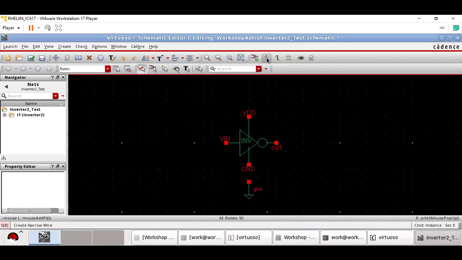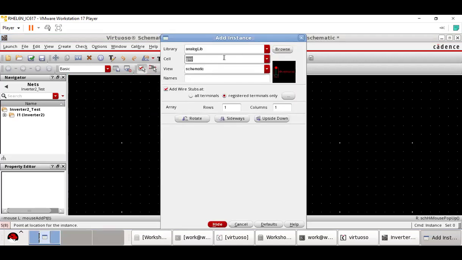There I have the ground. Then I have the V input, there I will have the output, and there I will have the VDD. I just need to give the sources.